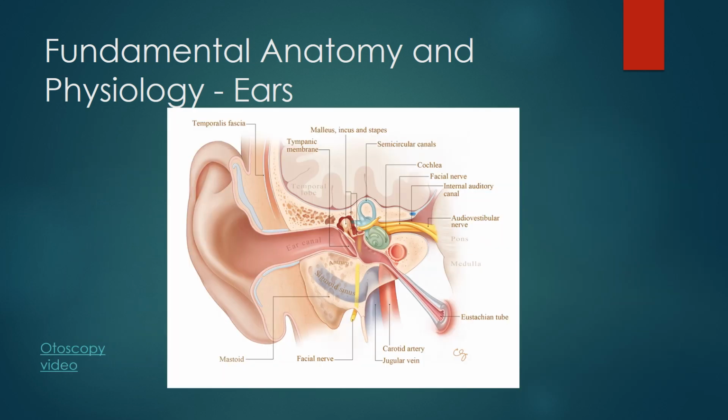So this diagram here demonstrates all the three constituent parts of the ear, starting with our external ear. As I said before, the external ear starts from this line here, which is what you can see on the outside of someone's head, the pinna.